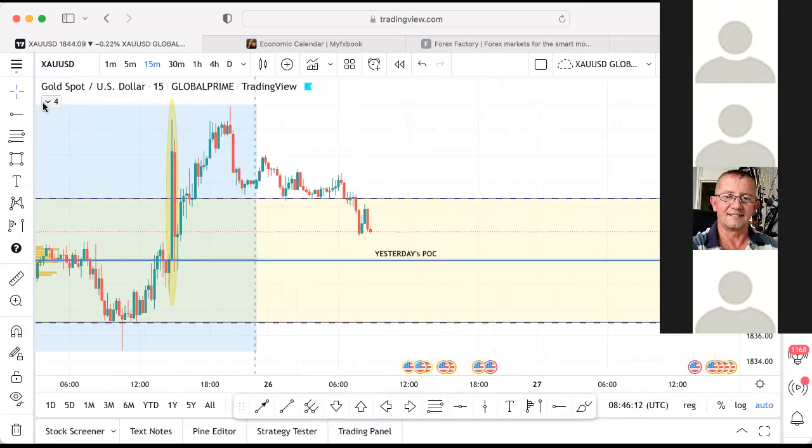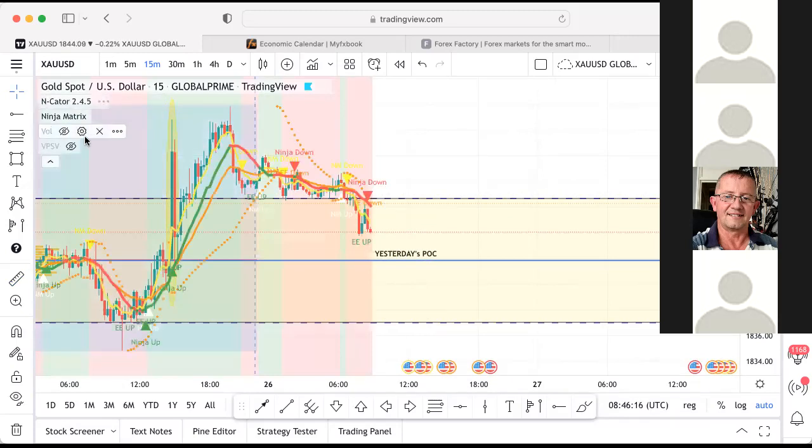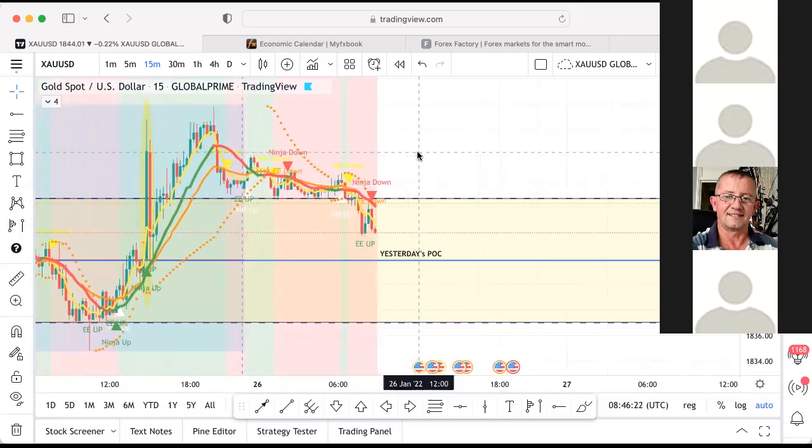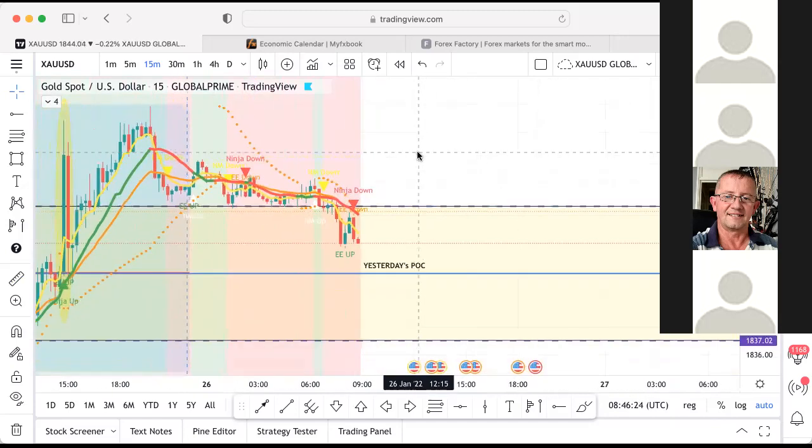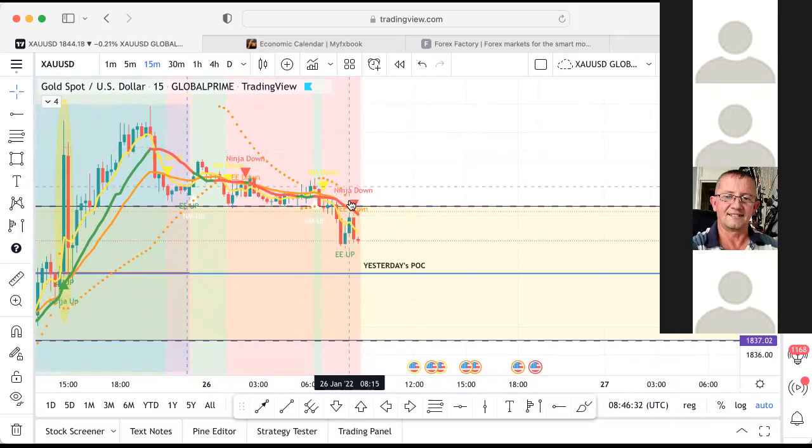If I put the matrix and the indicator on, let's just see whether this will still be a valid sell. So we've got a ninja down, the pink or the red background. We've got a ninja matrix down.